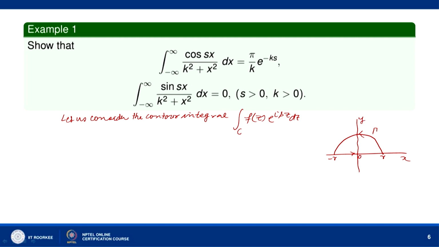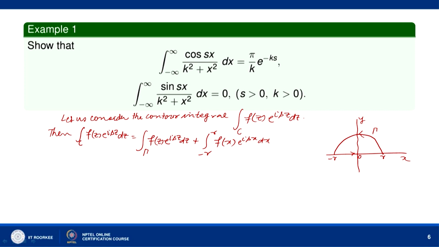Then we can split the integral over c of fz e to the power i sz dz as the integral over gamma of fz e to the power i sz dz plus the integral from minus r to r of fx e to the power isx dx.